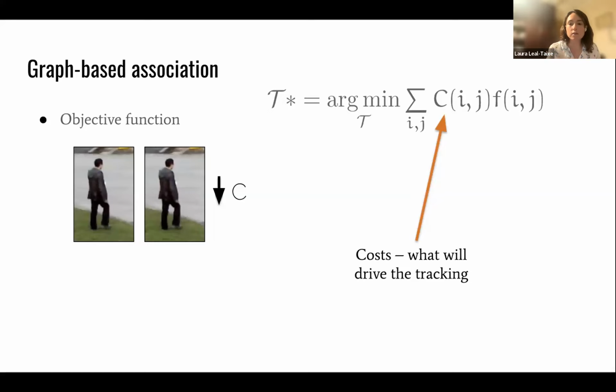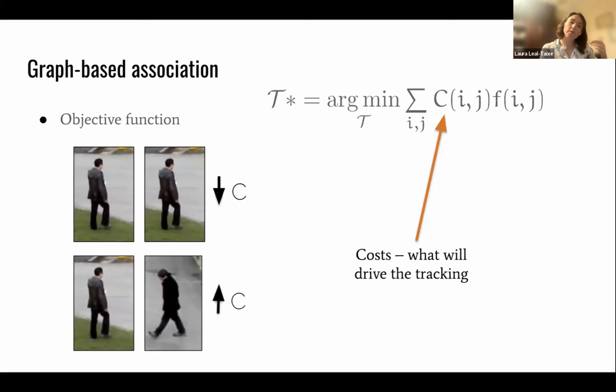Low cost is good for a minimization problem. It means that it's probably going to be used in the final solution. What happens when I have two detections that don't belong to the same trajectory? I'm going to assign a very high cost to the edge connecting these two detections, indicating to the objective function that I don't want this edge to be part of my solution.